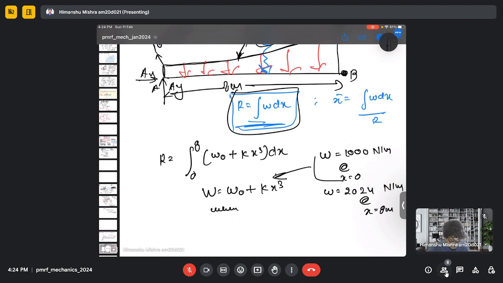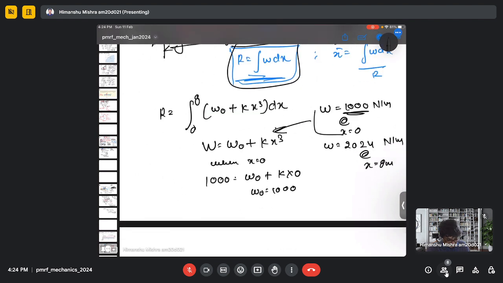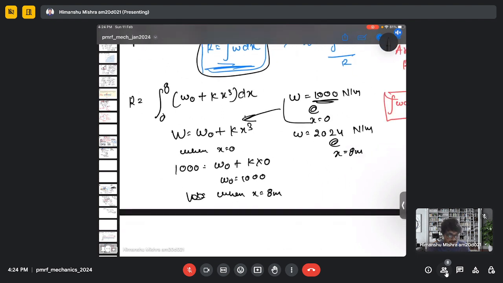When x equals 0, my W is 1000. So my W naught will be 1000 here. Then when x is 8 meter, my W is 2024.